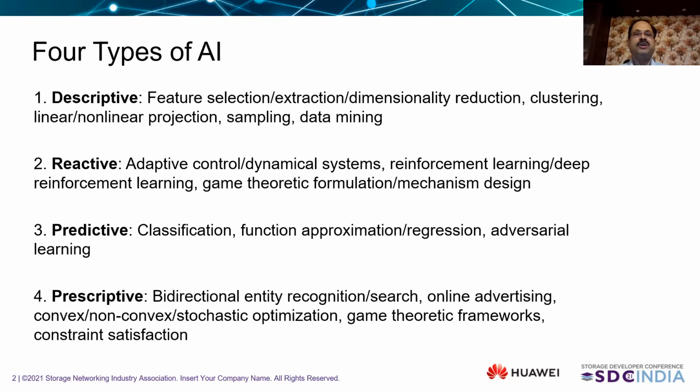So adaptive control, dynamical systems, reinforcement learning, deep reinforcement learning, game theoretic formulation, mechanism design, these are all parts of reactive AI. In descriptive AI, there is visualization also. Reactive AI is a decision-making process where the decision has to be made for a situation that has already happened, for an action that has already happened.